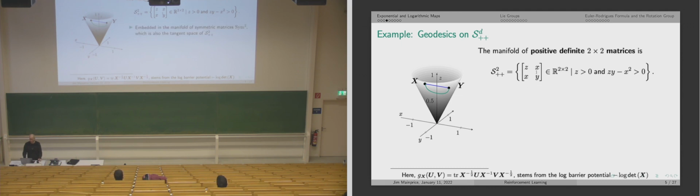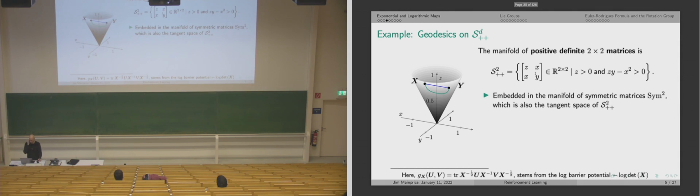Now, if we used the induced metric using this three-dimensional space, of course, the geodesic would simply be a straight line.